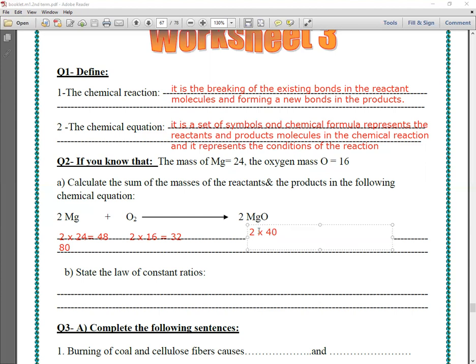So 2 times 40 equals 80. So the mass of the products equals 80. Okay. B, state the constant ratios.